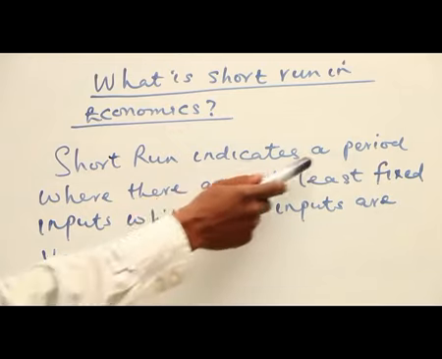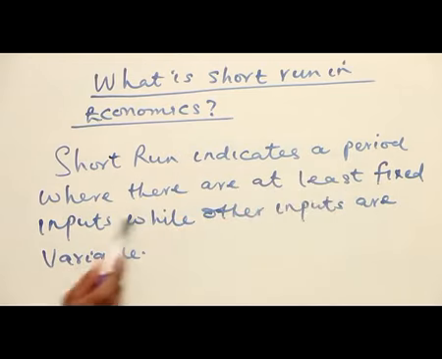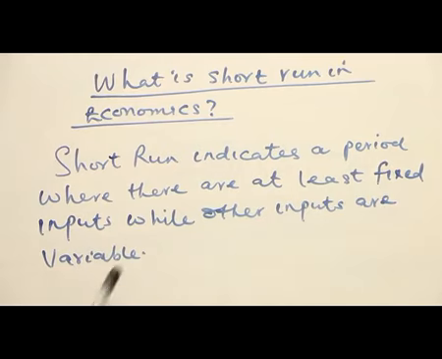Short-run indicates a period where there is at least one fixed input, while other inputs are variable. So in economics, when we are talking about the short-run period, it implies a period where at least one fixed input works together with variable inputs in order to produce a commodity.